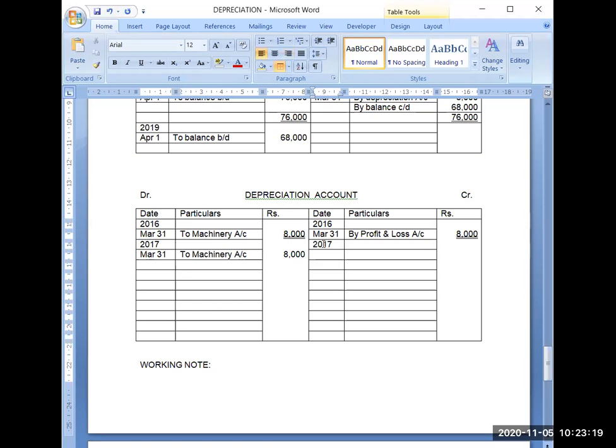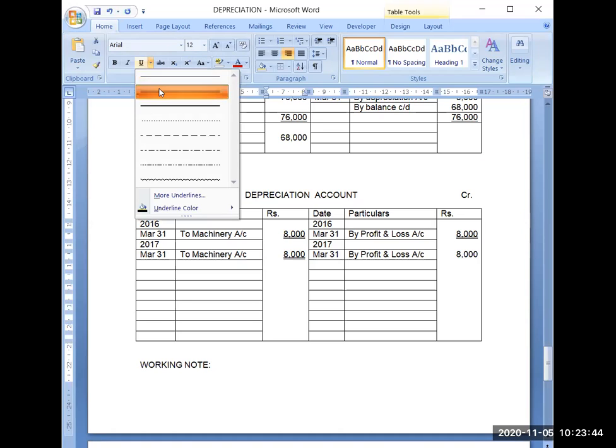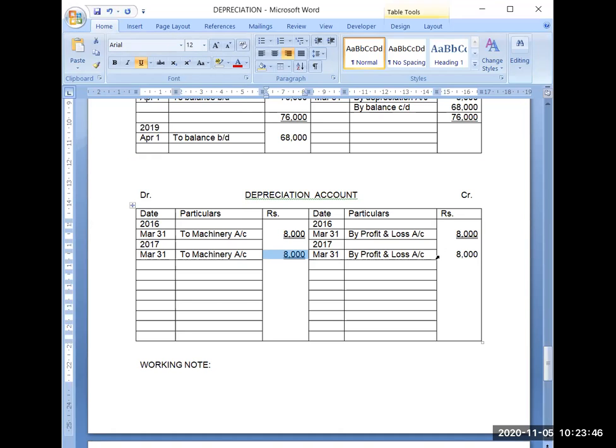Then 2017, I will transfer this depreciation to profit and loss account as it is a nominal account, by profit and loss account 8,000. Again, I will double underline it. So this need to be done only.